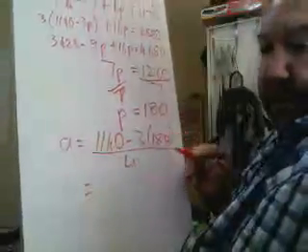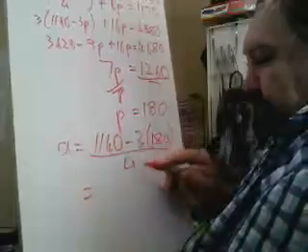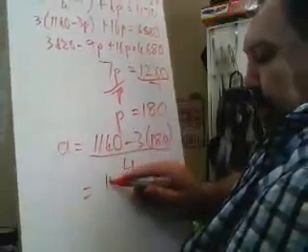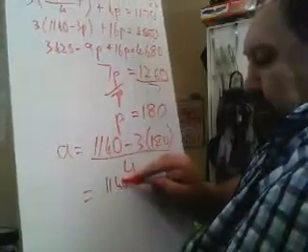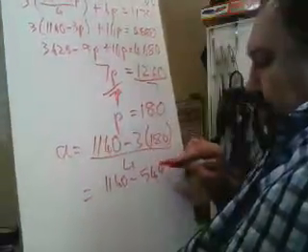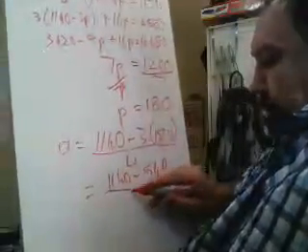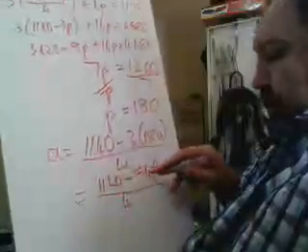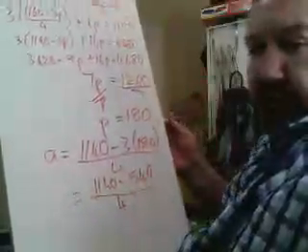So 3 times 180 is 540, so that will be 1,140 minus 540 over 4. Now you will find that that's 600 over 4, so that will give us a is equal to 150.